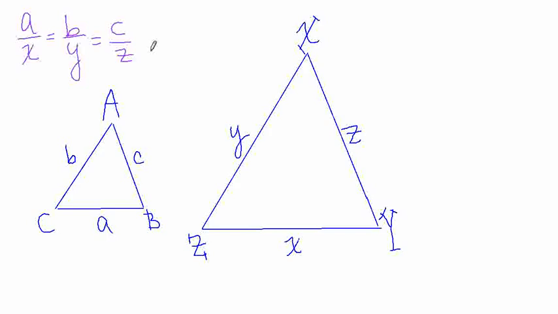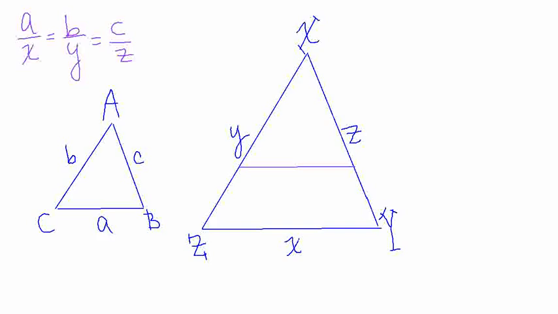Okay? Now, can we show that the triangles are similar? I'll show you the steps you'd have to do, and I'll let you fill in the details. So on the big triangle, draw a line from one side of the triangle to the other, but not just between any two points.